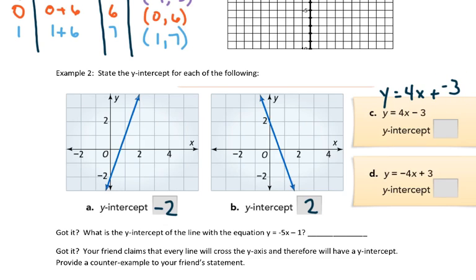Keep, add, opposite is what subtraction is. So the y-intercept is -3. In problem D, we have y equals -4x plus 3, so my y-intercept is 3.